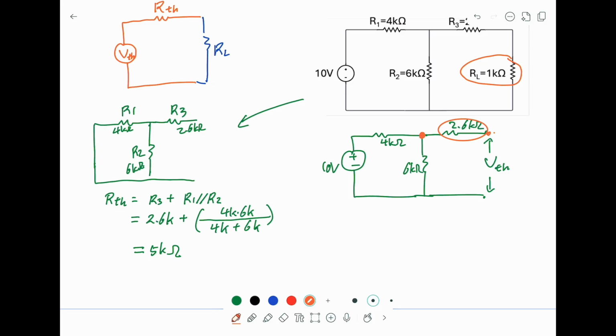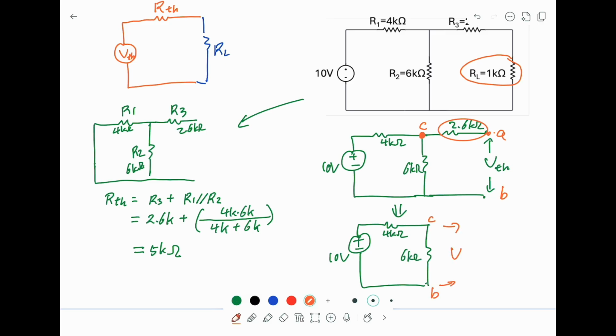It means the voltage across AB is the same voltage CB, because there's no current through the 2.6 kilo ohm resistor. So we can find the Thevenin voltage by applying the potential divider again.